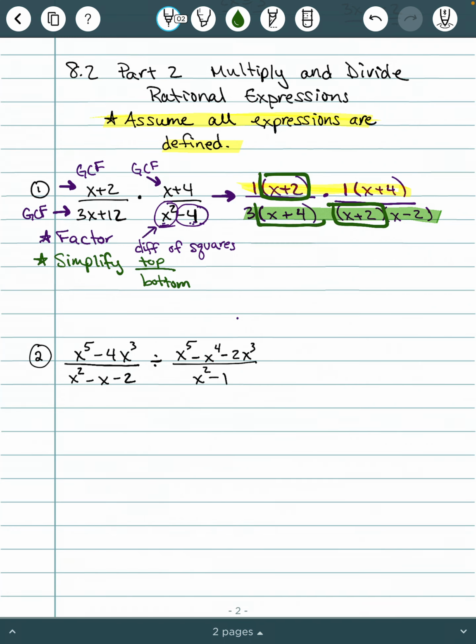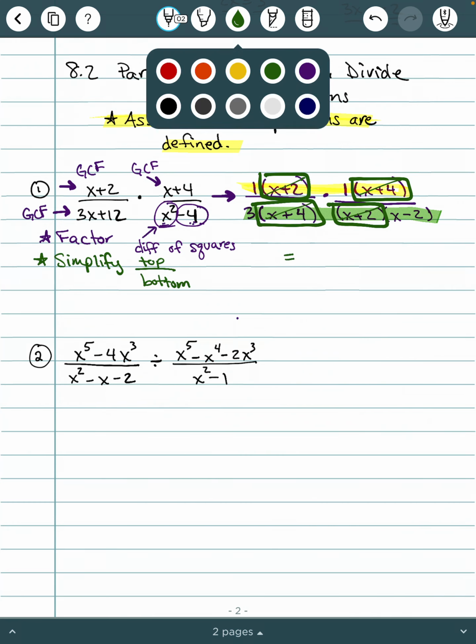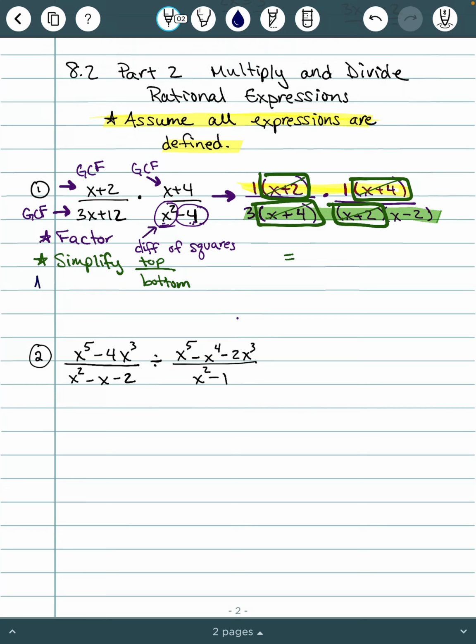Anything else? Well, sure, I have this x plus 4 and this x plus 4. Anything else? No, that's it. So all of those things are going to cancel out. But it still has to be a fraction. So my simplified version of my fraction, and we're going to do the last step at the same time, is to multiply.